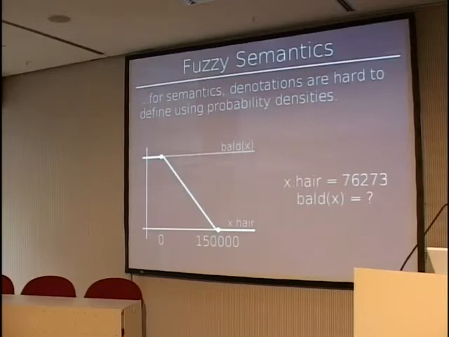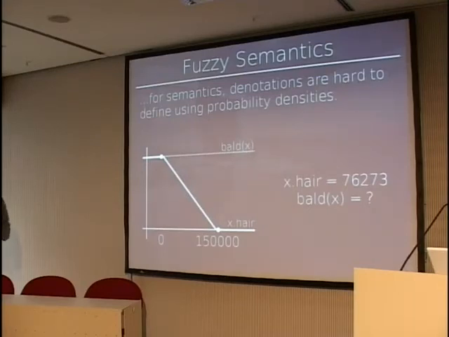what probability theory is all about is dealing with uncertainty. And uncertainty is mathematically very different from vagueness. Because if you have perfect certainty, if you know that there are exactly 76,273 hairs on a person's head, and you want to ask the question whether that person is bald, and you plug that value into a probability density function, well, then the probability will be 0.